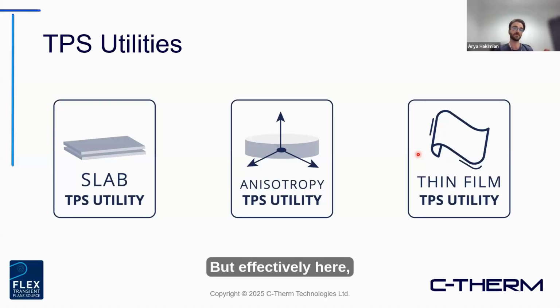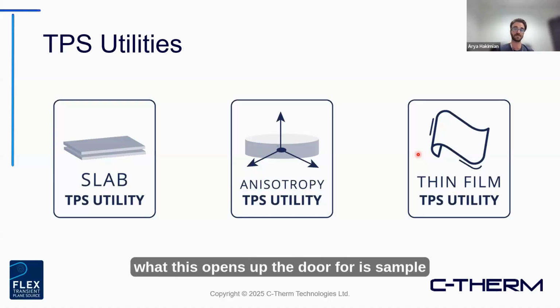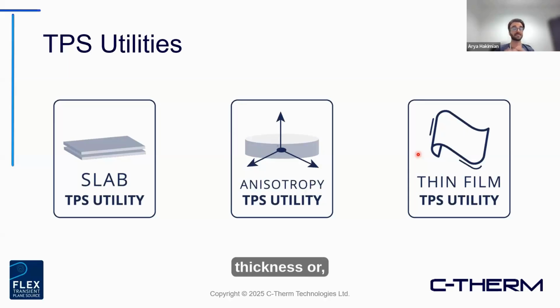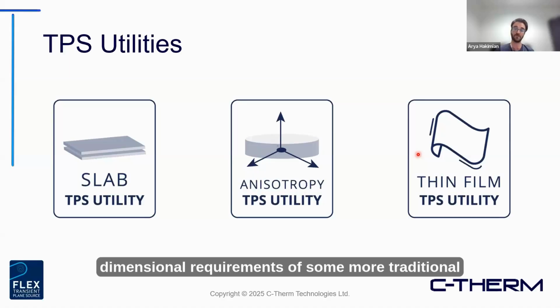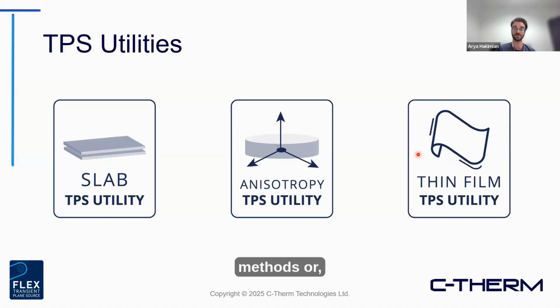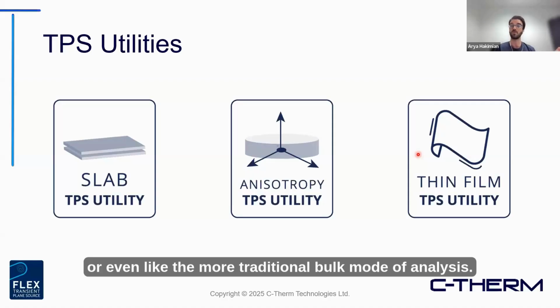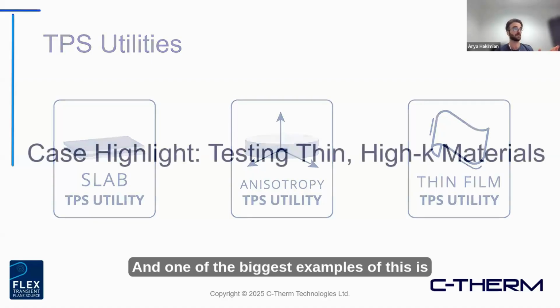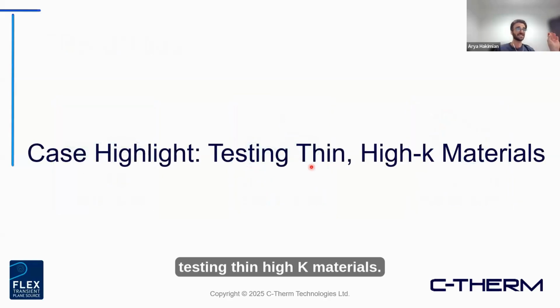But effectively, what this opens up the door for is sample formats that would not meet the thickness or dimensional requirements of some more traditional methods, or even the more traditional bulk mode of analysis. And one of the biggest examples of this is testing thin, high K materials.